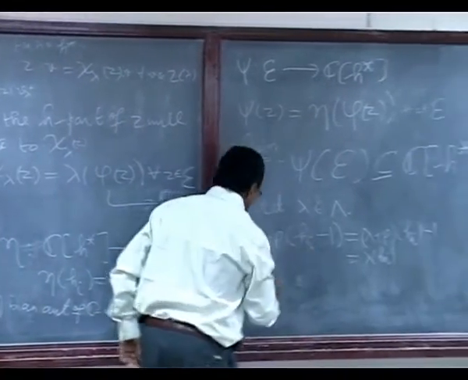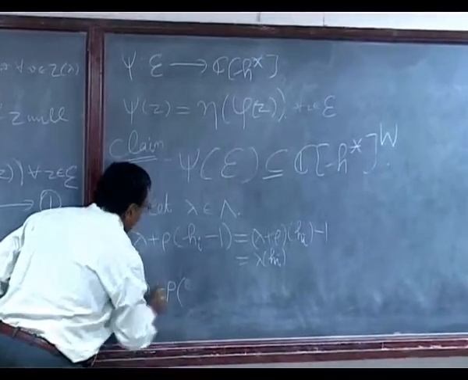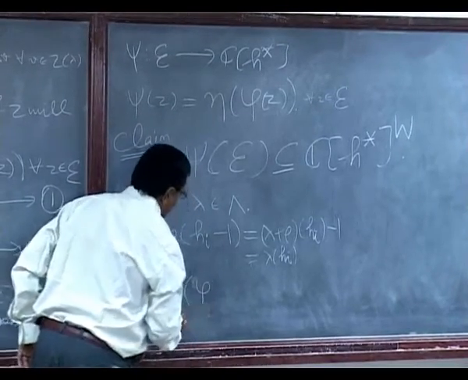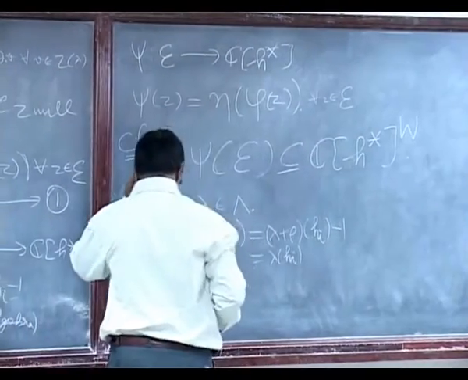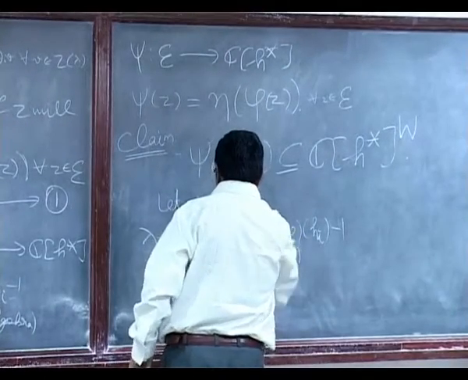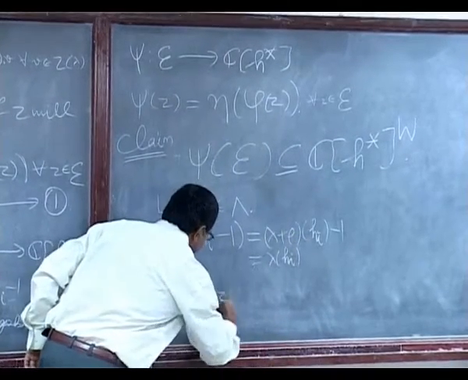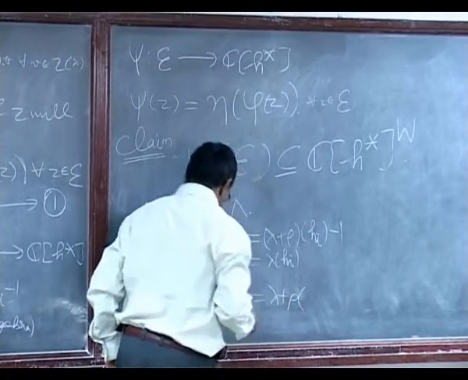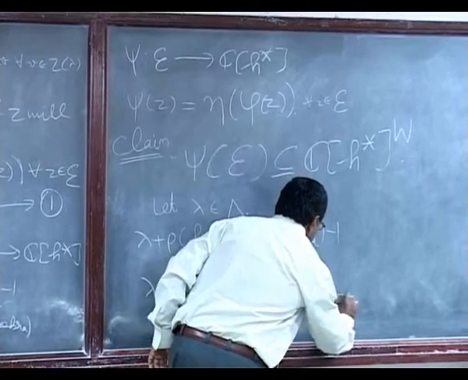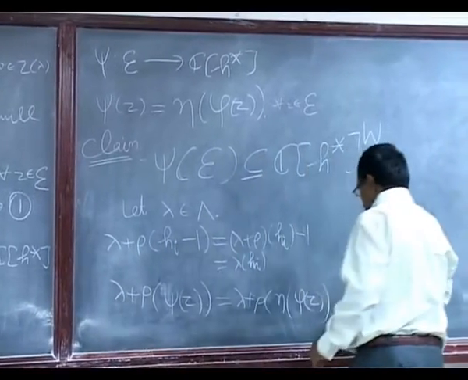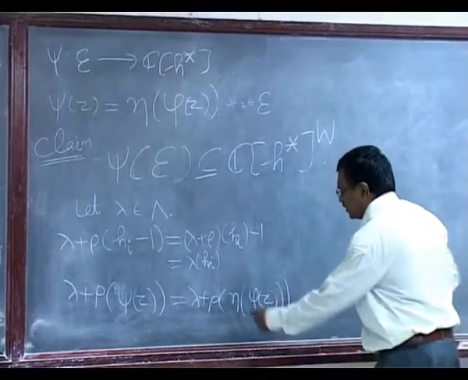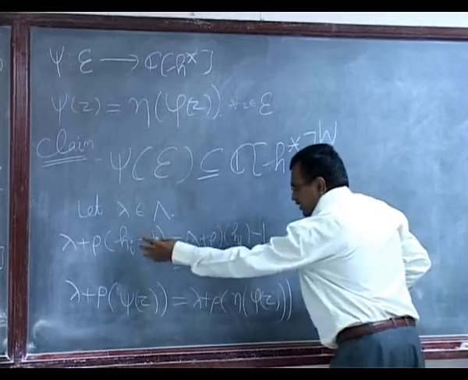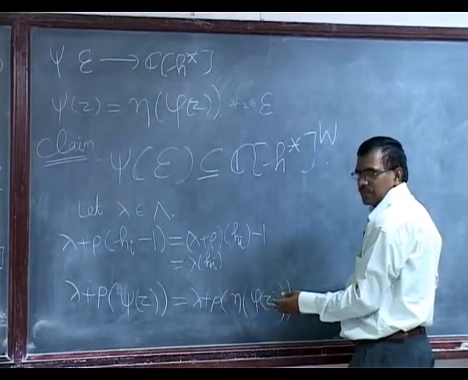So this shows that lambda plus rho of psi of Z is nothing but lambda plus rho of eta of phi of Z, which is eta of phi of Z, but then phi of Z is coming from the h part.